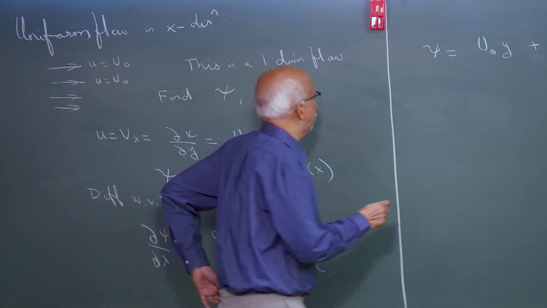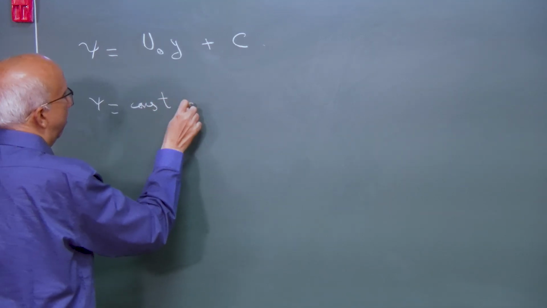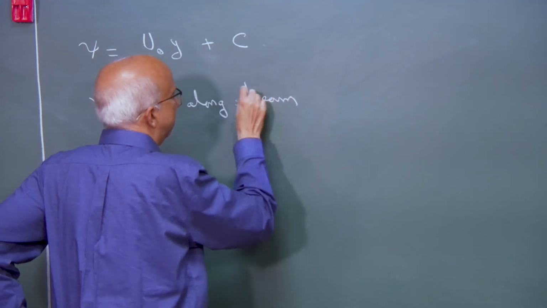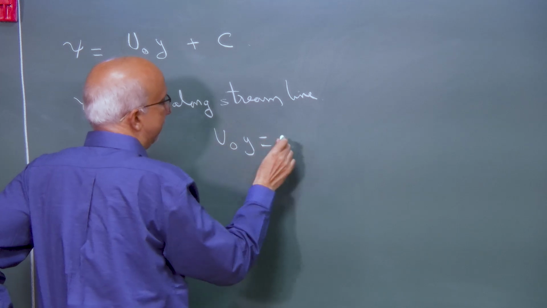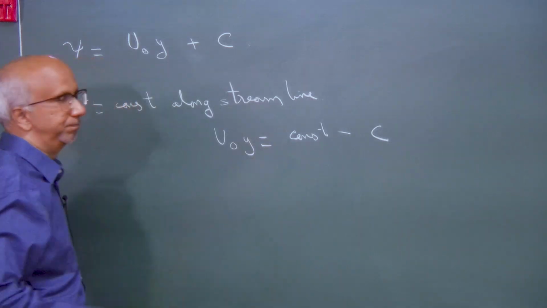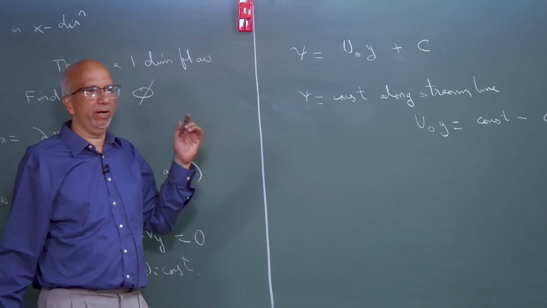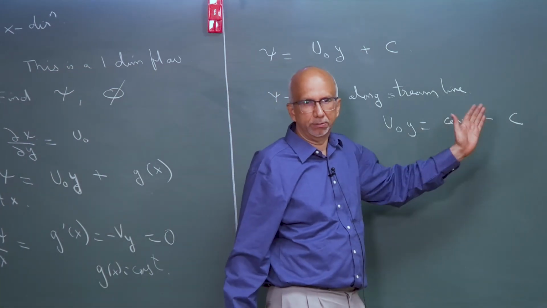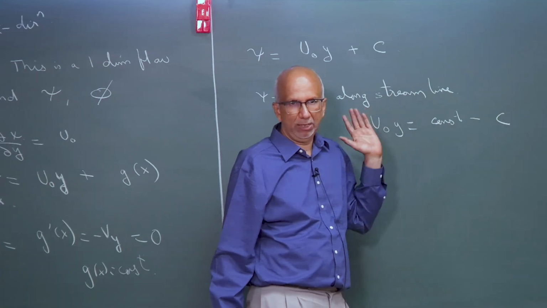So, when I put psi equals constant along the streamline, what do I get? u naught y equals some constant, psi minus c, okay. So, basically what I am trying to tell you is the streamlines are all going to be y equal to constant, or y equal to constant means lines that are parallel to the x axis.